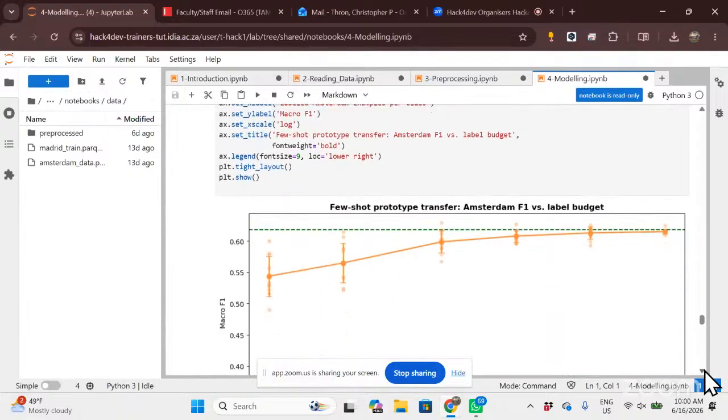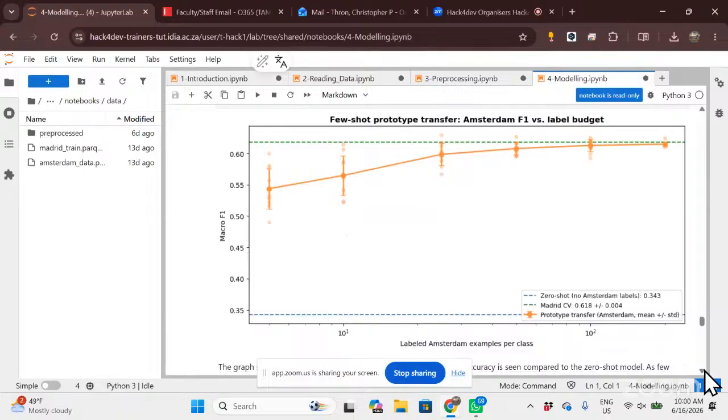Okay. All right. So this graph, my time is limited. What this graph is showing is that if I retrain with, I think this is 5 points from each class, the accuracy is not too bad. This is the accuracy on Amsterdam with no retraining.